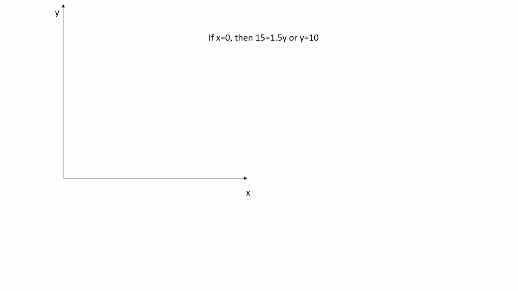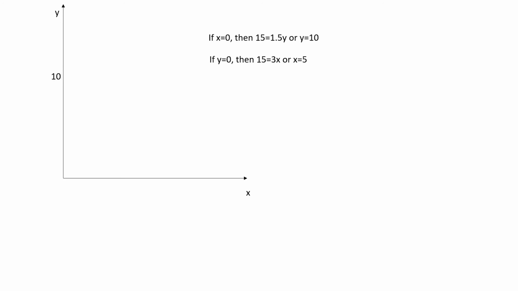In this case, because we have 15 euros altogether and 1 unit of Y costs 1.5 euros, we can calculate that we can buy at most 10 units of Y. Using the same reasoning, we can also look at the intercept along the axis X. Now, we will set Y equal to 0.